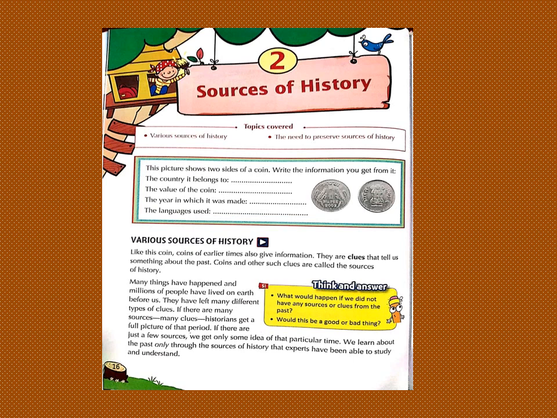Is it clear to all of you? We will have to go through all these sources to know about the incidents of the past. The more the sources, the more the information. Clear?